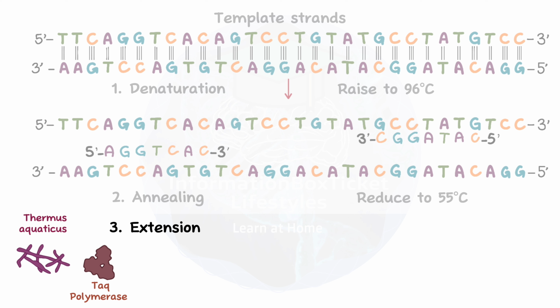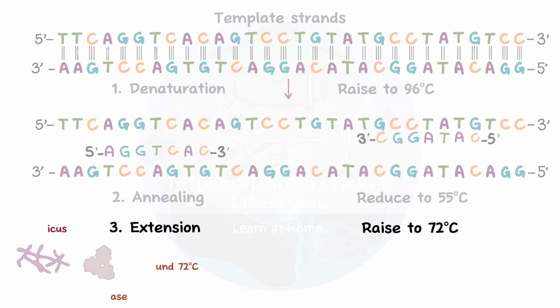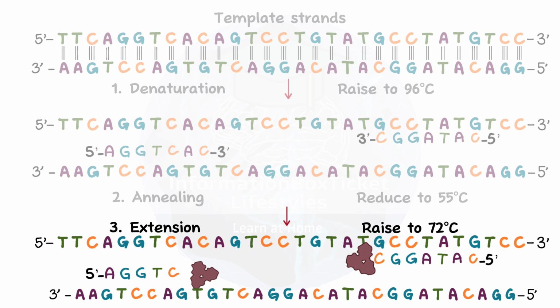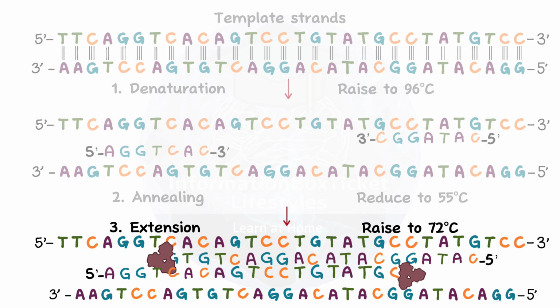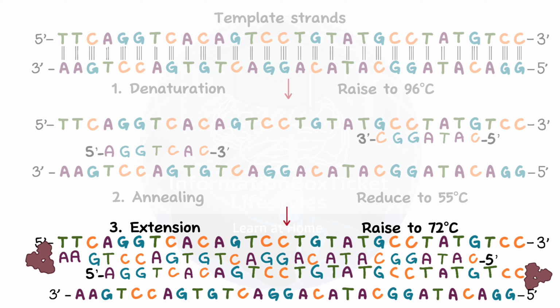Thanks to this origin, Taq polymerase not only survives the high temperatures of denaturation, but also works optimally at around 72 degrees Celsius. So, in the extension step, we raise the temperature to 72 degrees, and Taq polymerase binds to the primers, picks up free nucleotides, and builds the new DNA strands.